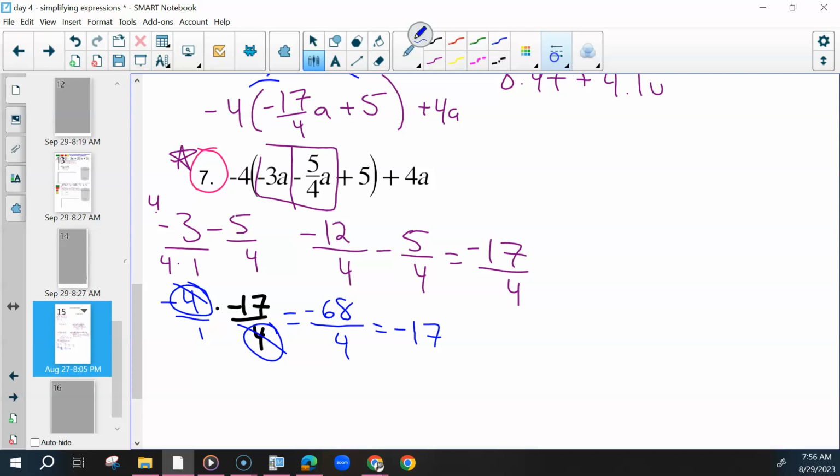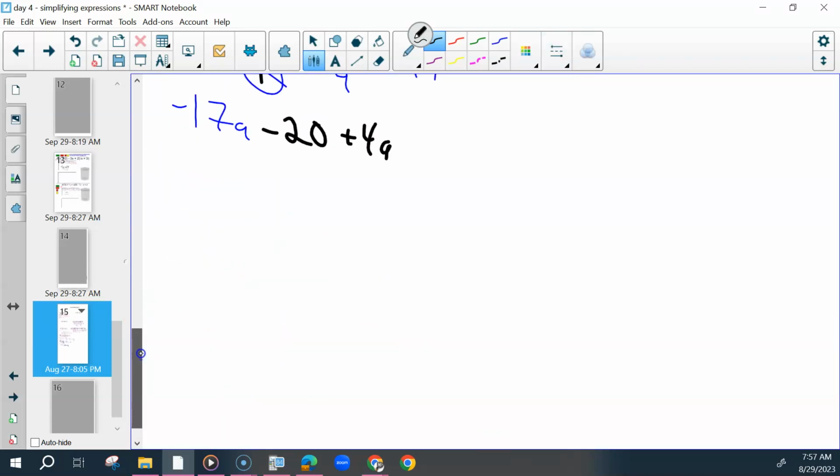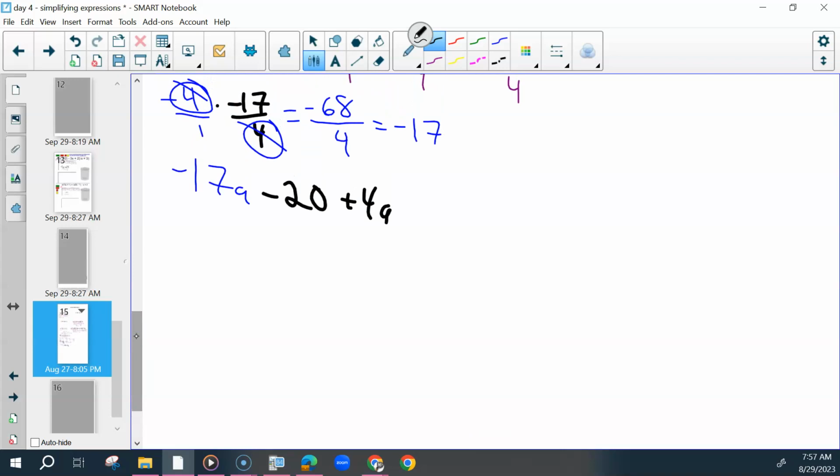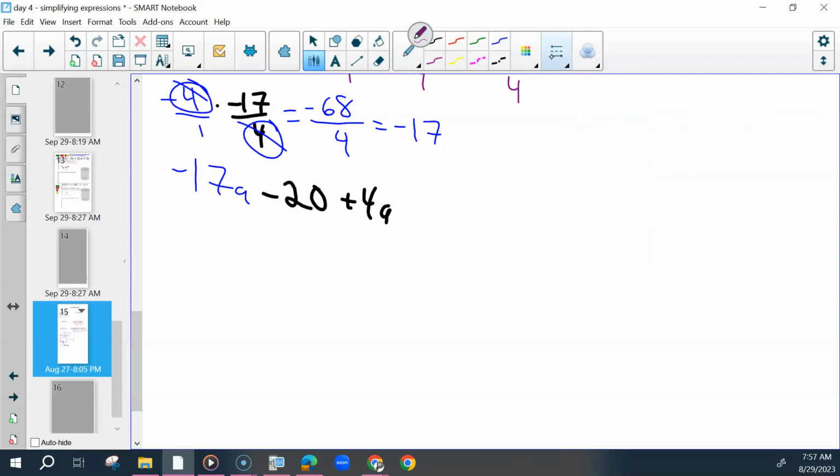Okay. So then we have negative 17a minus 4a. Then we just need to combine our like terms. And that's negative 17 minus 2 plus 4. What do you got?